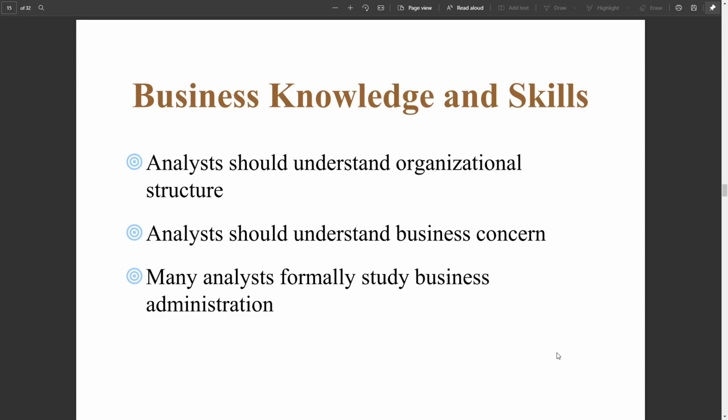So now for business knowledge and skills, so analysts should understand organizational structure from top to bottom, from the daily workers, from the white collar and blue collar workers until pagpasok dun sa mga admin, mga ganun. So analysts should understand business concern, and many analysts formally study business administration.